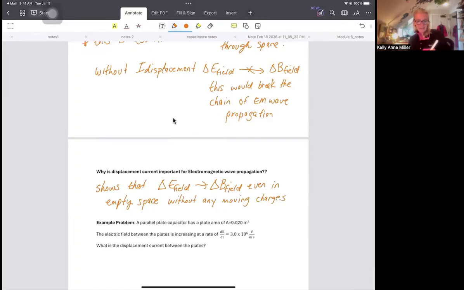And that's the key point. The charges are just building up on the plate. That's generating an E field, and that changing E field gives rise to the changing B field. So if you didn't have displacement current, then that connection would break down.